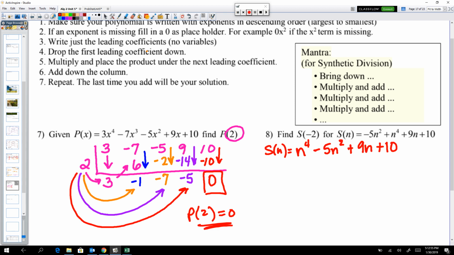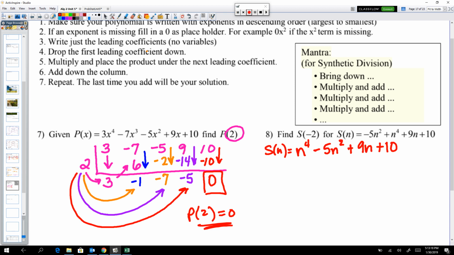Now, do we have any missing exponents? You should be screaming at me, yes, you do. I have a power of 4, but not a power of 3. I have a power of 2, and a power of 1, and a power of 0. So we're only missing the power of 3. So when I write my constants, I'm going to make sure that I leave a spot for that 0, for that missing power.